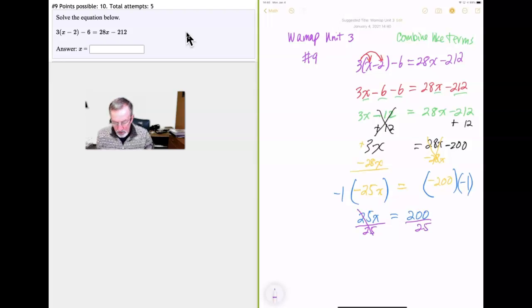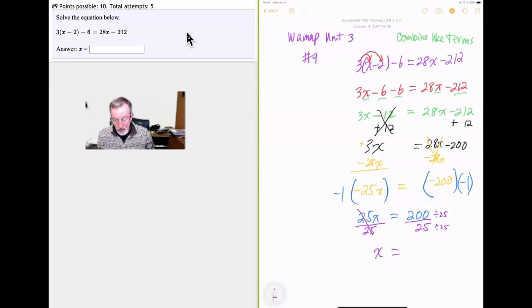So here these cancel out, leaving x, and that's going to be equal to 200 divided by 25, which is how much? If we divide the top and the bottom by 25, that's the same as dividing this fraction by 1. So it doesn't change the value, it just changes the units. It's like saying $1 is 100 pennies.